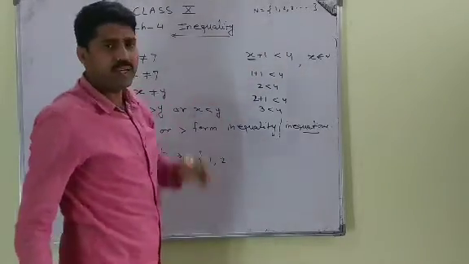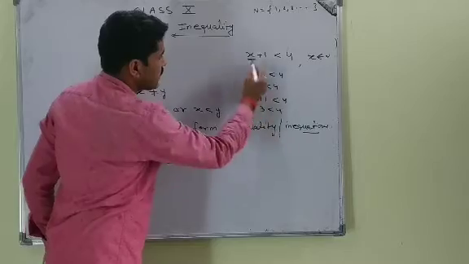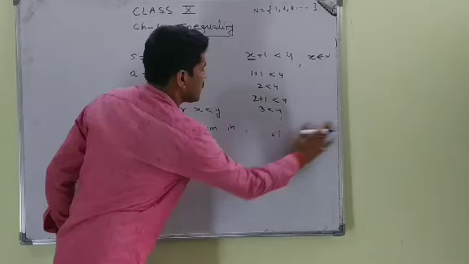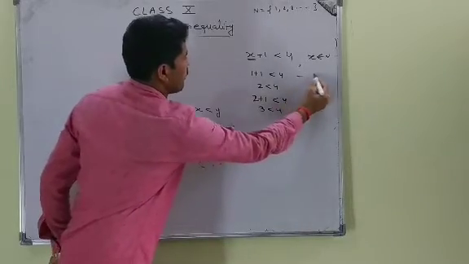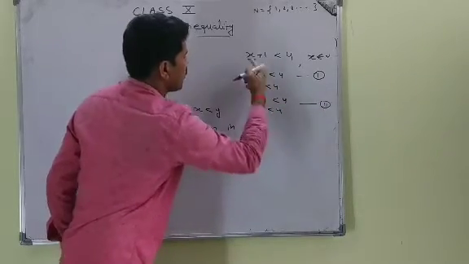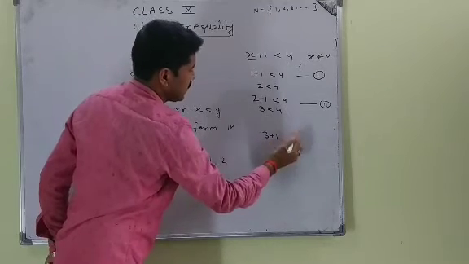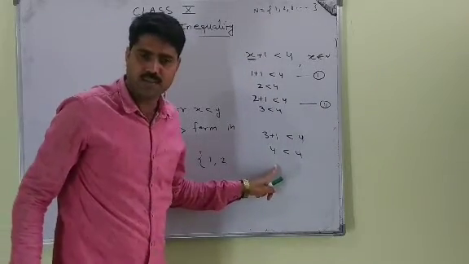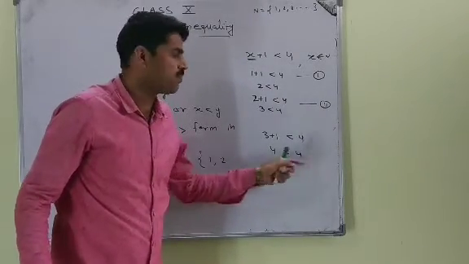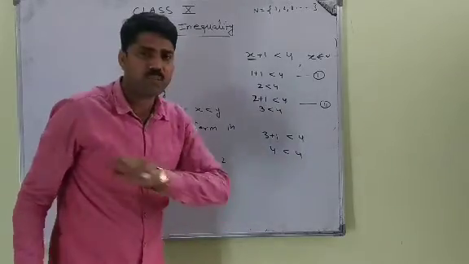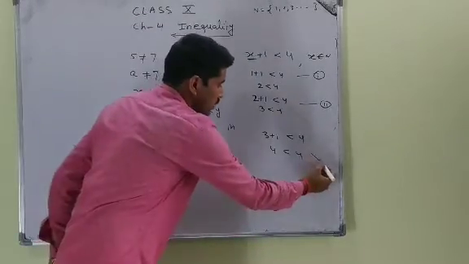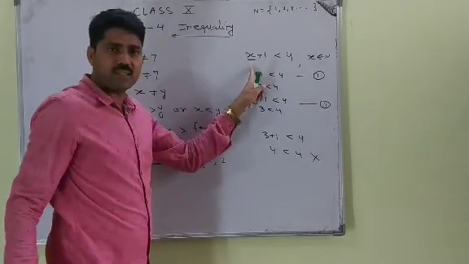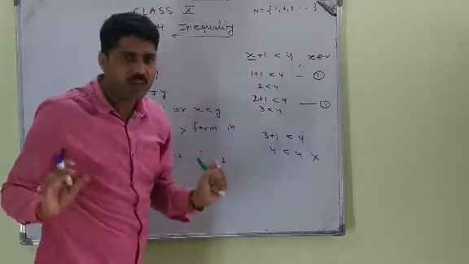Now take 3. If we replace x with 3, then what do we get? 3 plus 1 less than 4, 4 less than 4. Is it true or false? Simple, false, because 4 cannot be less than 4. So 3 cannot replace the x to satisfy this inequality.